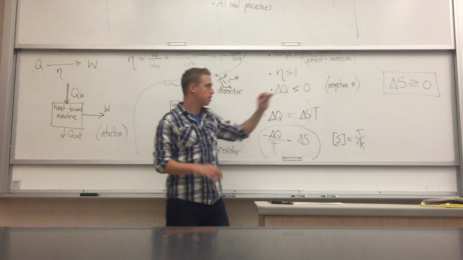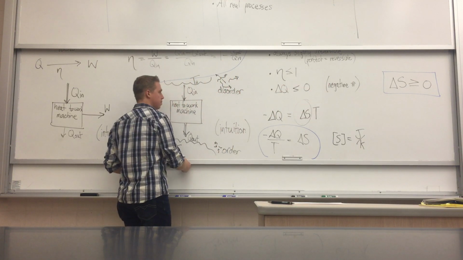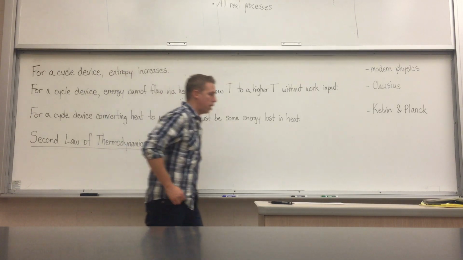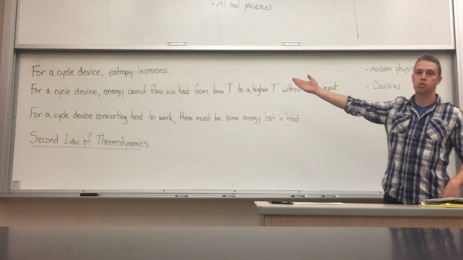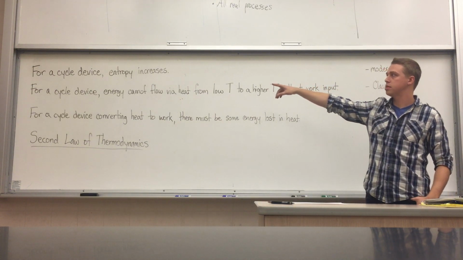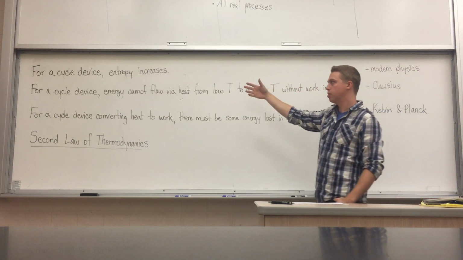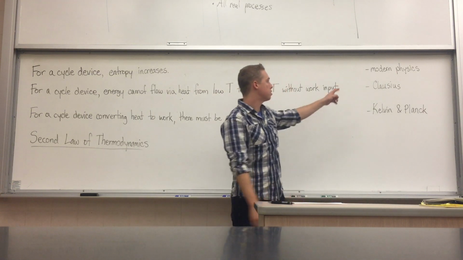So it's delta S is greater than 0. That means that entropy is increasing. And we have our modern statement of the second law of thermodynamics. For a cycle device, entropy increases.